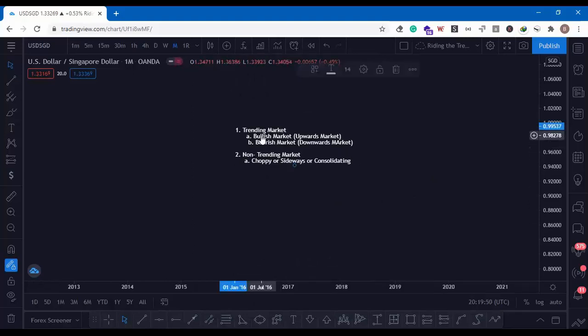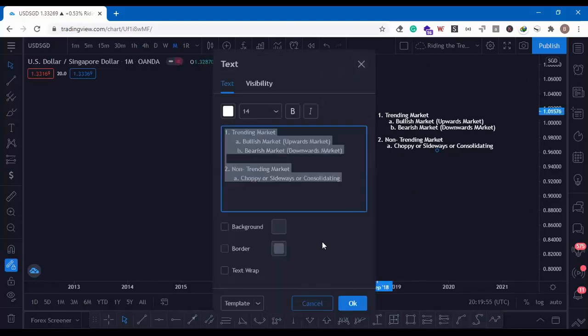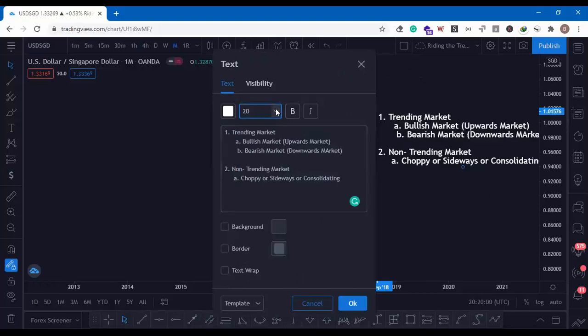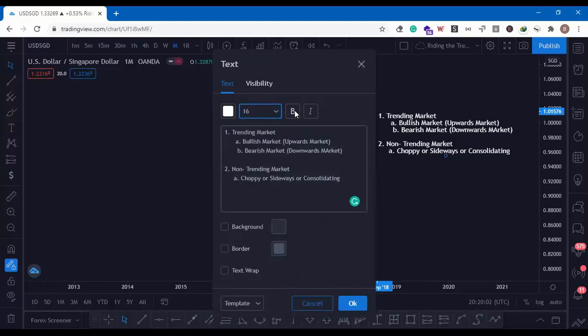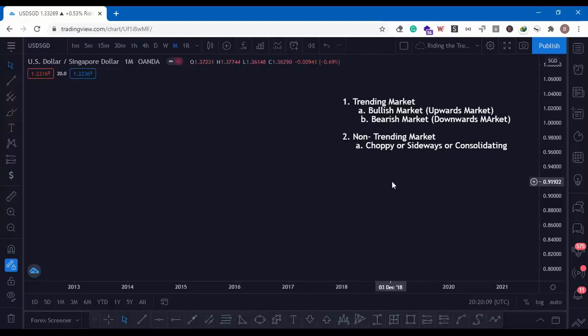So for the types of markets that we have, the trending market consists of the bullish or upward market, and then the bearish or downward market, and for the non-trending market, we have the choppy or sideways or consolidated.